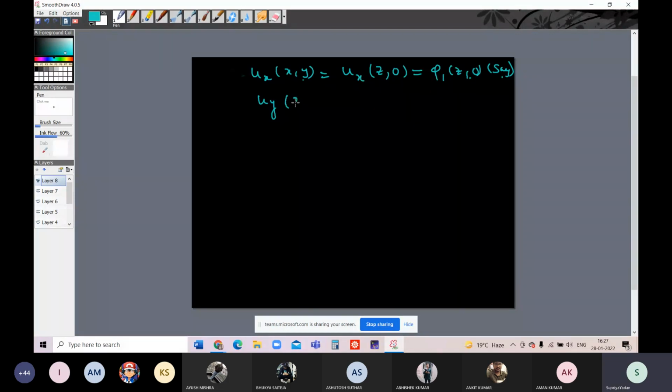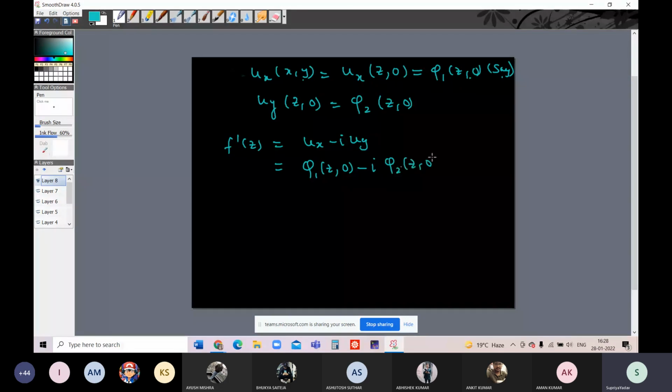Again, uy at (z, 0) is denoted by phi 2. So in that case, f dash z, which was ux minus i uy, can be written as phi 1(z, 0) minus i phi 2(z, 0).